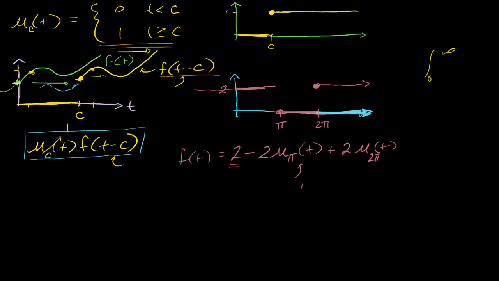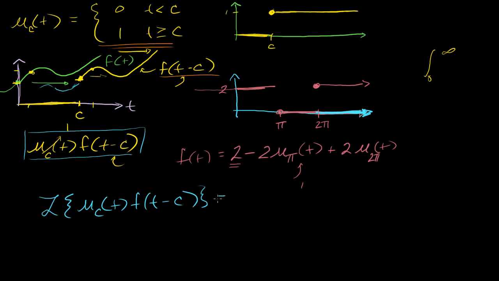So let's do that. Let's take the Laplace transform of this, of the unit step function up to c. I'm doing it in fairly general terms. In the next video, we'll do a bunch of examples where we can apply this. But we should at least prove to ourselves what the Laplace transform of this thing is.